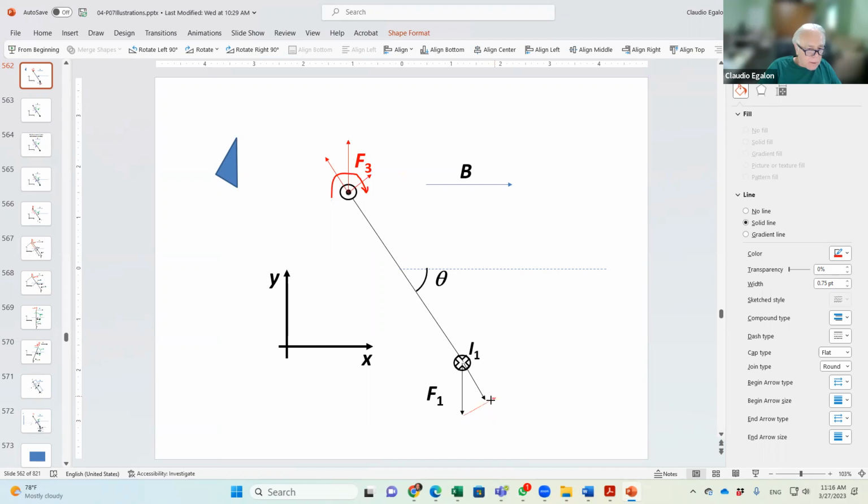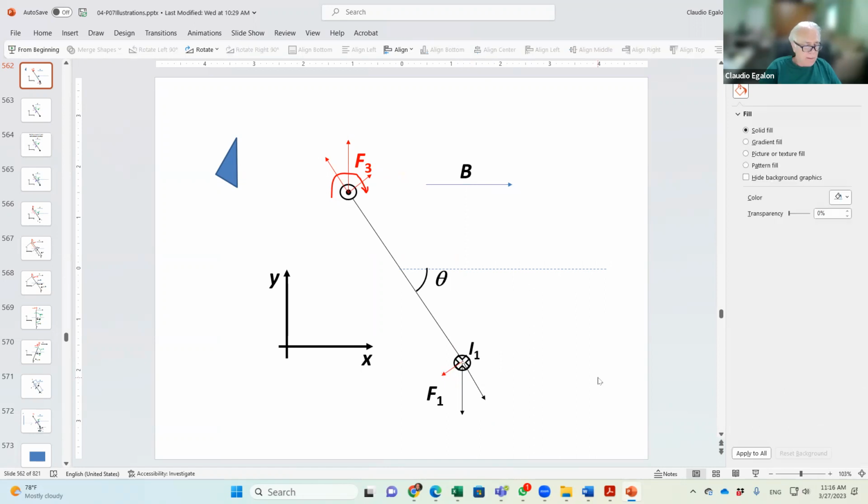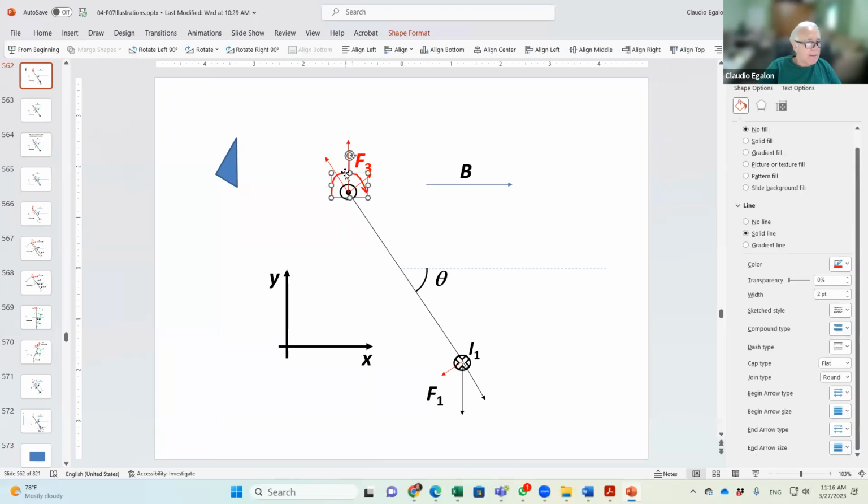Right? Similarly here, we have something similar here. And then I have to invert the direction of this arrow. Okay, like that. And this one also produces a torque.